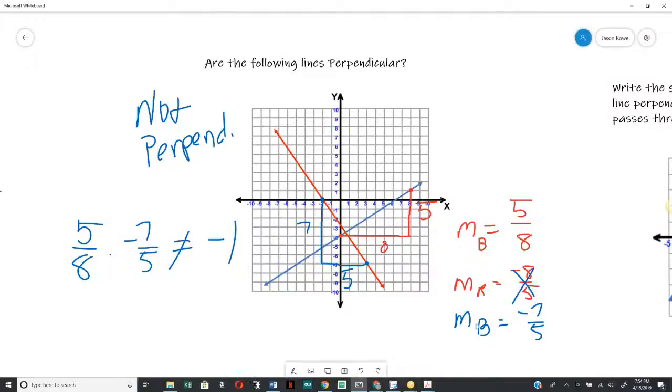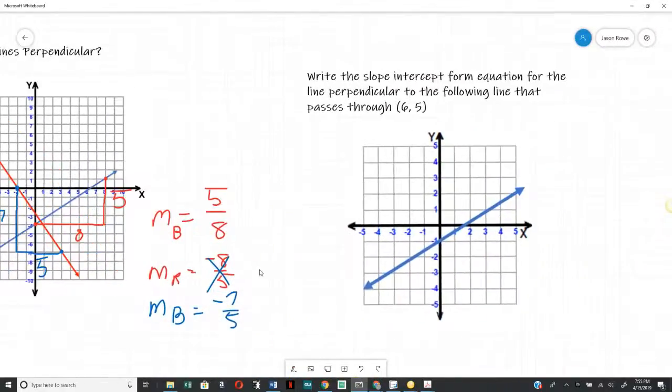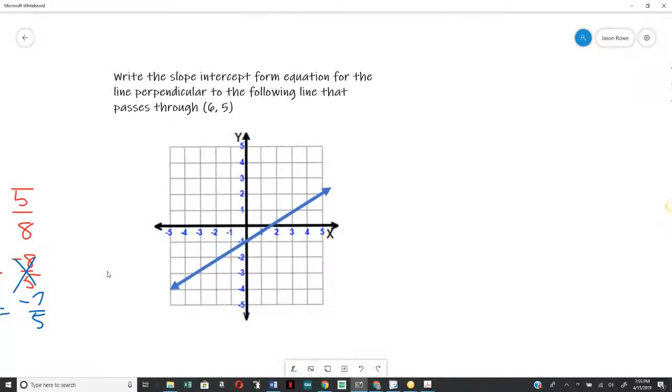Let's take a look at our next skill. Now, this is the big skill here. This is something you could have done in Algebra 1, so maybe you saw it in Algebra 1. It says write the slope-intercept form equation for the line perpendicular to the following that passes through (6, 5). So we've got to find the slope of this blue line.